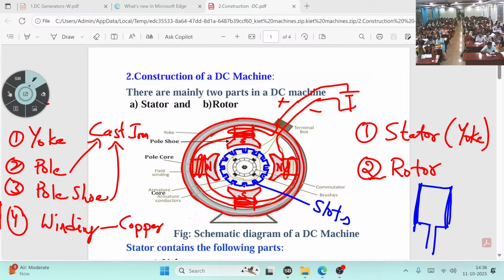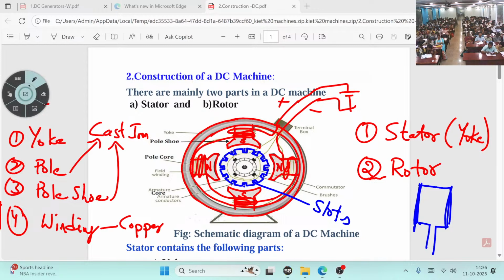If you see the front view, what happens? You see only a dot. I am drawing that dot here. It is the front view of the conductor. Now this conductor's starting terminal and end terminal are connected to the commutator segment.